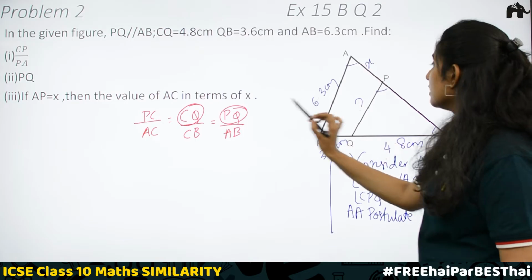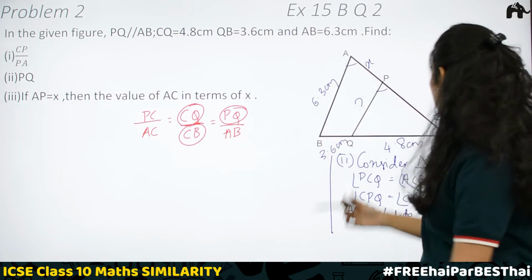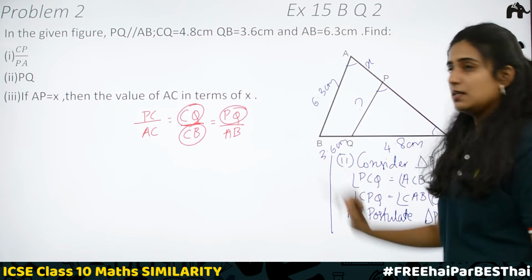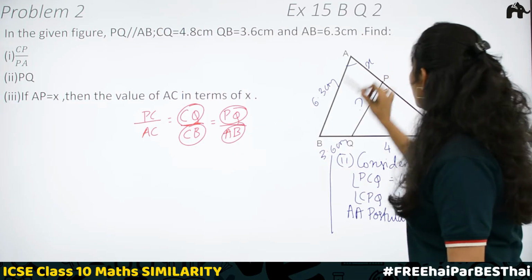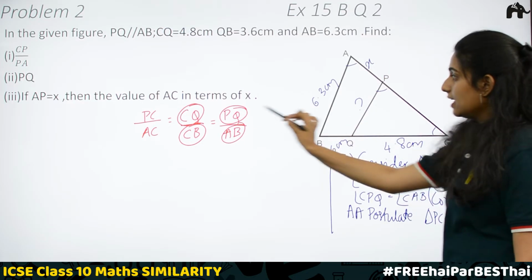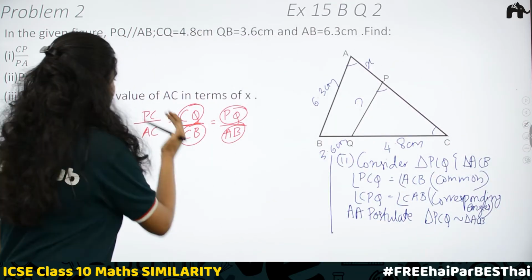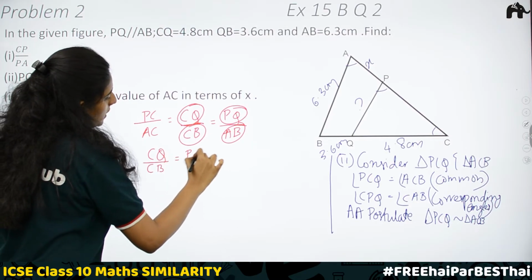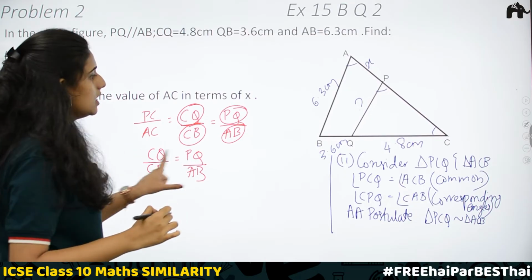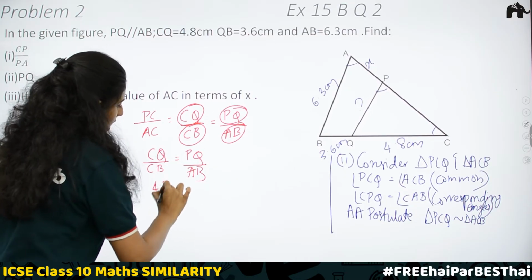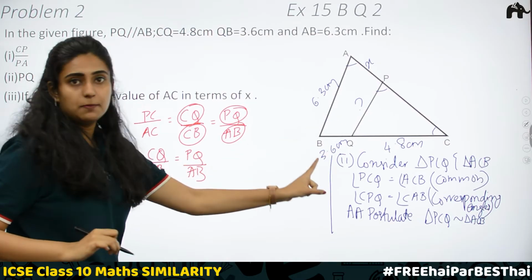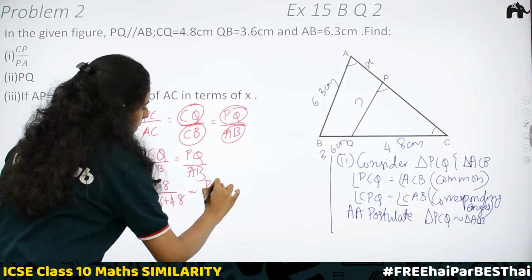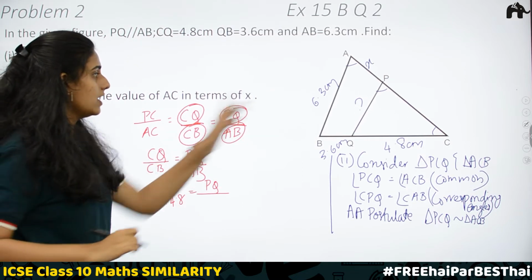How to find CB? By adding BQ and QC, we get CB. Then we know the length of AB, which is 6.3. So CQ by CB is equal to PQ by AB. Put the values: 4.8 divided by 4.8 plus 3.6 is equal to PQ divided by 6.3.